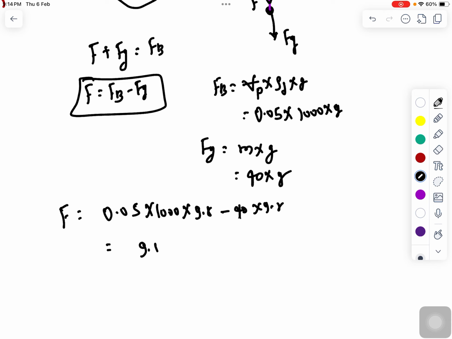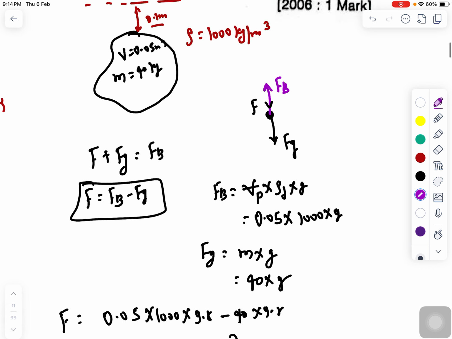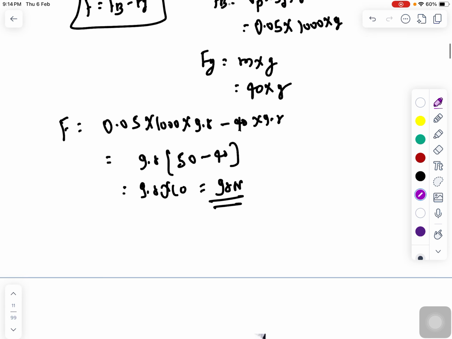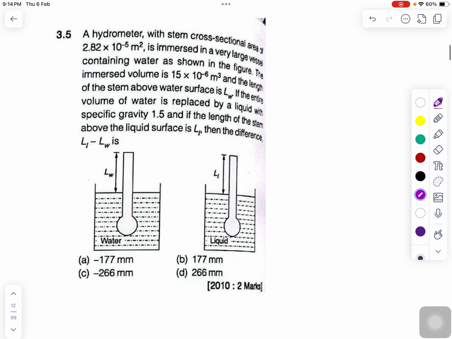If I take 9.8 common, that is 9.8 times 50 minus 40, so 9.8 multiplied by 10, which equals 98 Newton, right? So you will be getting the answer as approximately 98. So option B will be your correct answer. Is that clear? Okay. After that, I'll be moving towards the next question.